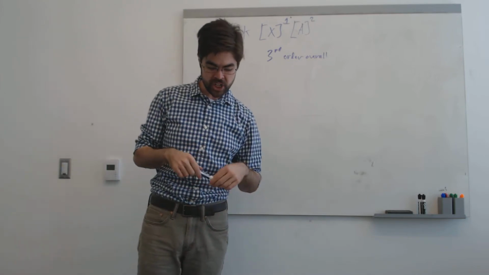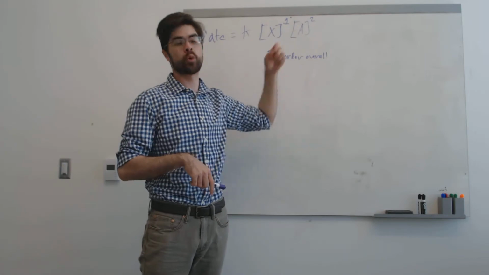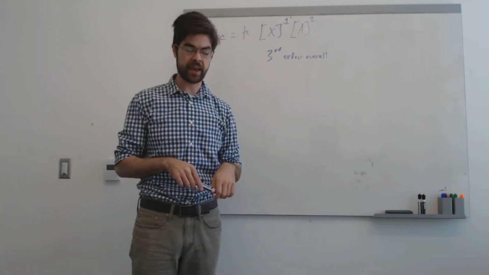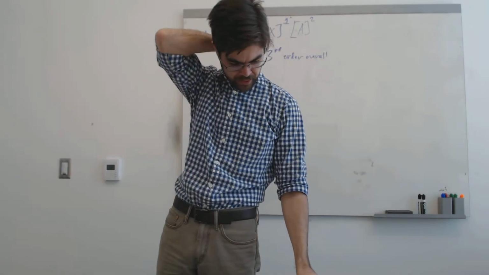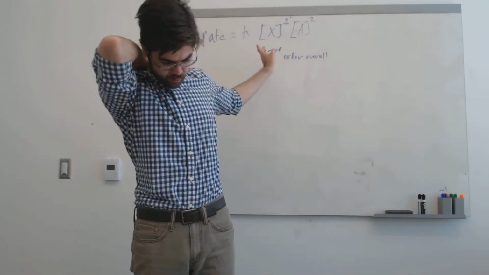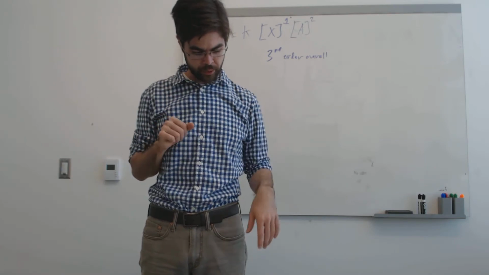And your question is, do they each have their own order? Yes, you can talk about the reaction being second order with respect to A and first order with respect to B. So again, if you're talking just generally, what does order mean? That's one thing that order means.